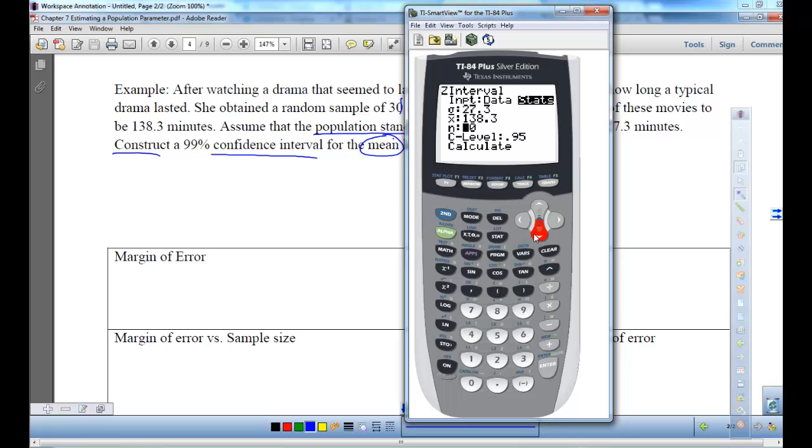My sample size, I made it 31. A lot of textbooks, I'm not sure why our author says greater than 30. Most textbooks would say greater than or equal to. But since we're going with his book, we're going to do it his way. So n is 31, and the level of confidence is 99%. So 0.99. We calculate, and we get 125.67 to 150.93.